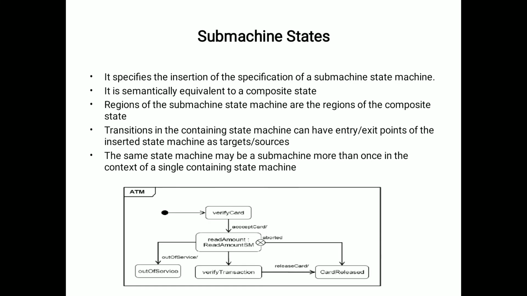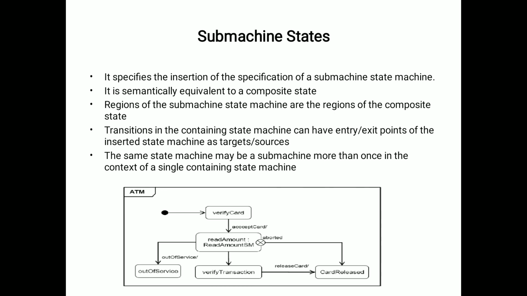Same is here. Here is your submachine state. Now the submachine state actually specifies the insertion of the specification of a submachine state machine. It is semantically equivalent to composite state.